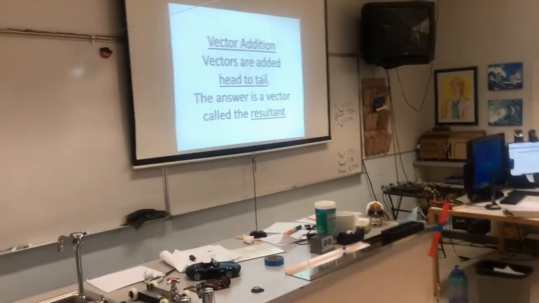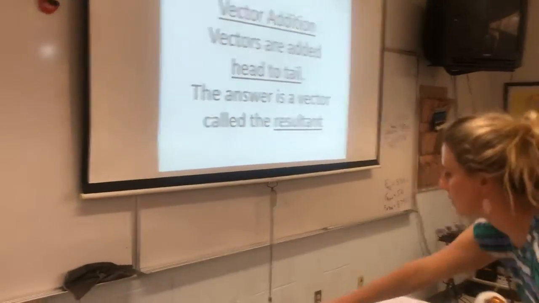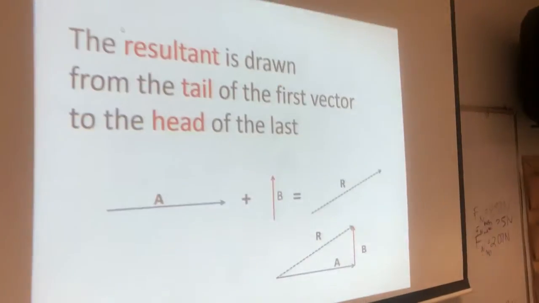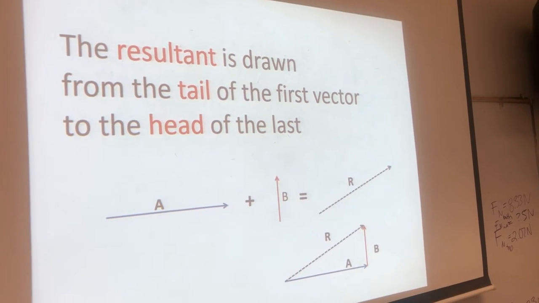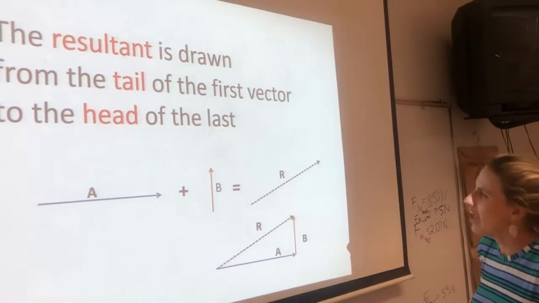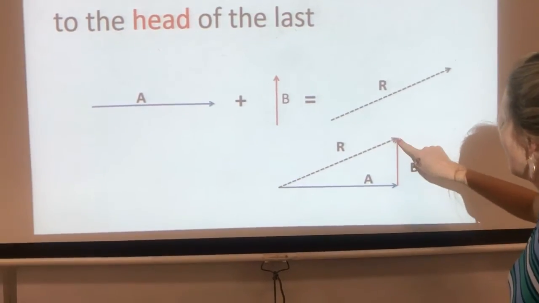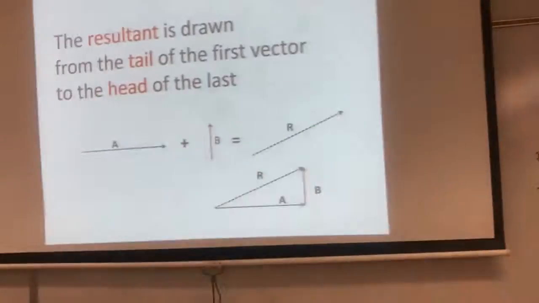I think the next slide tells us something about the resultant. Okay, let's keep going then. Don't jump the gun here, Ms. Moore. Too excited. Oh, nice, you're right. The resultant is drawn from the tail of the first vector to the head of the last. Tail of the first, head of the last. That looks like C. It do.